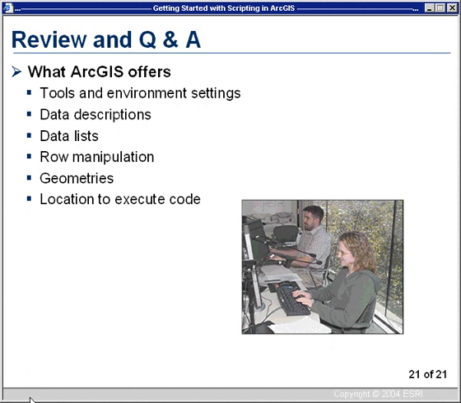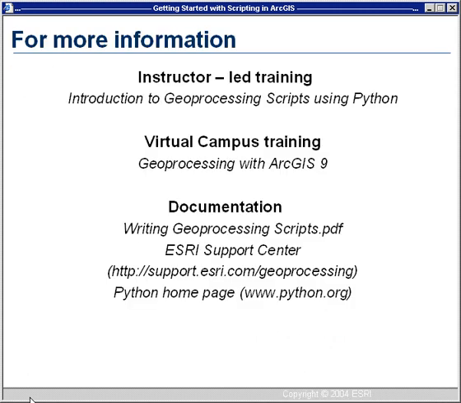Okay, well, I think we're out of time, so let's just finish off here. Hopefully after this session, you have a better understanding of what can be done with scripting in ArcGIS 9. To learn more about how to script, you can take the 2-day instructor-led class called Introduction to Geoprocessing Scripts Using Python. To learn more about geoprocessing in general, you can take the Virtual Campus course Geoprocessing with ArcGIS 9.